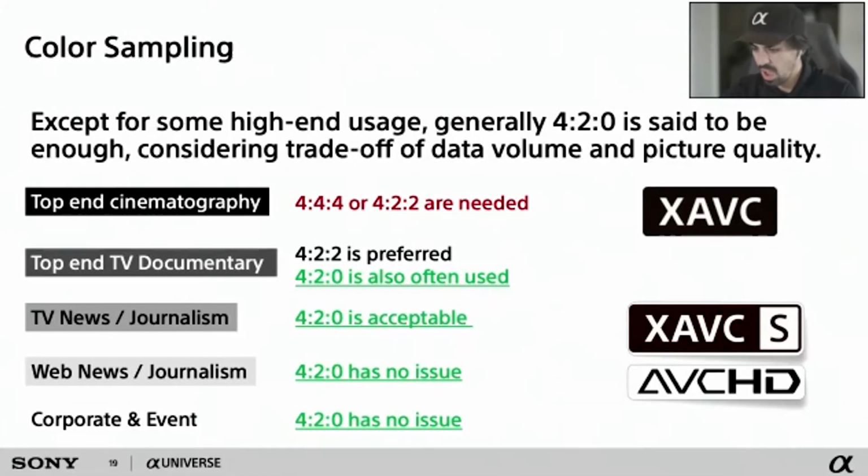Like the higher end video cameras out there in the world that offer raw output. But we're realizing that even today in Alpha cameras, again, the A7S III giving you raw 16-bit output.